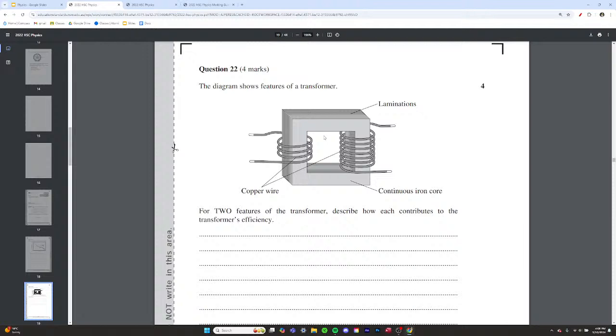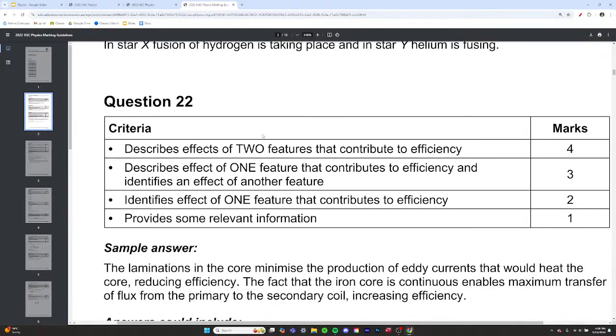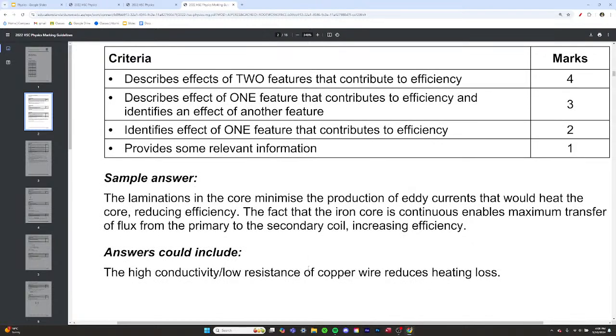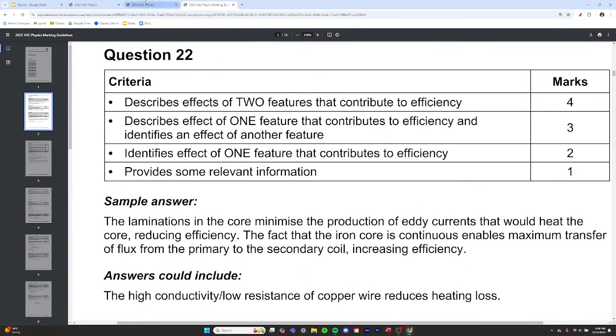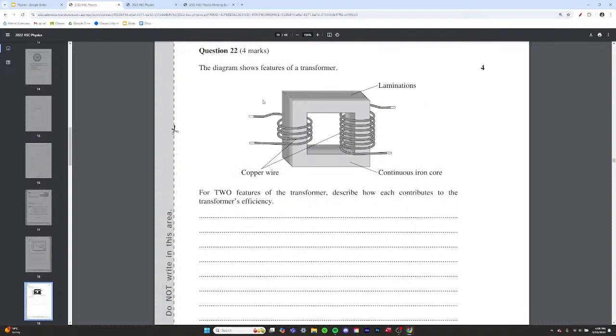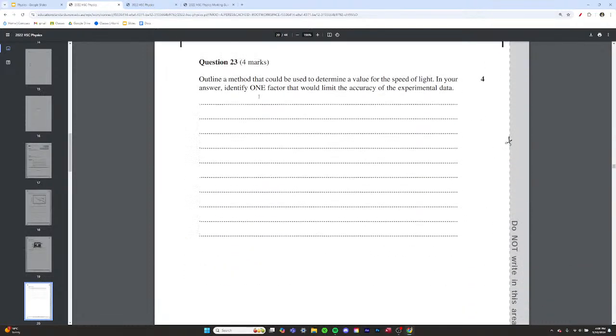It prevents it from overheating. Is that it? Yep. Oh wait, is it not to do with efficiency? I mean, I don't know. Maybe. Who knows?